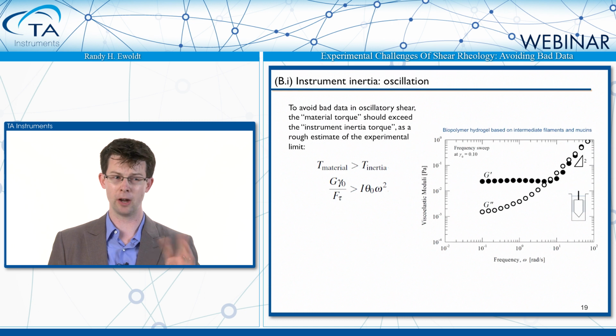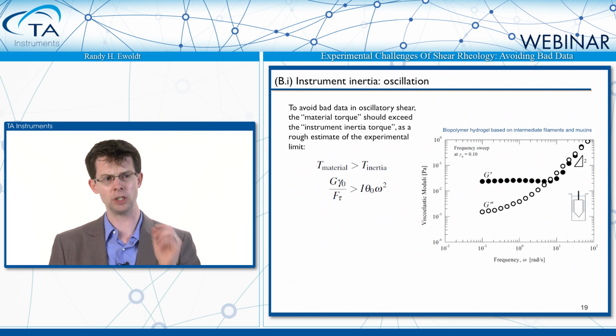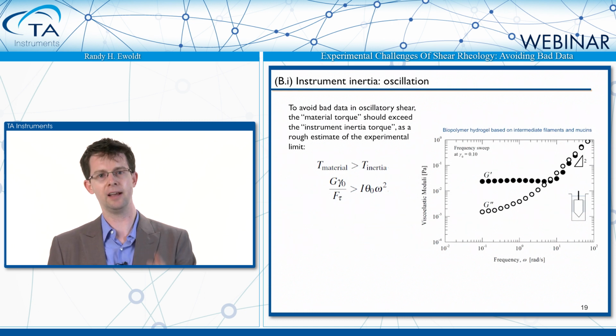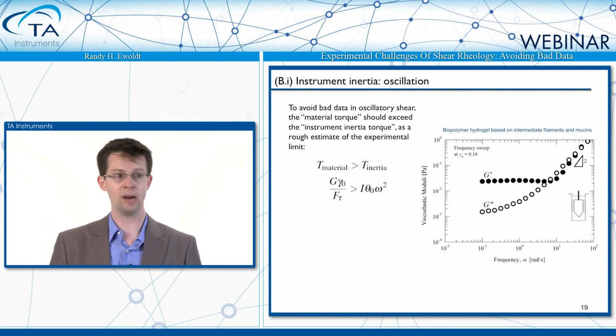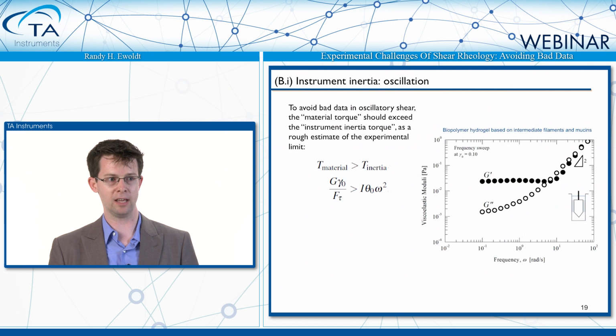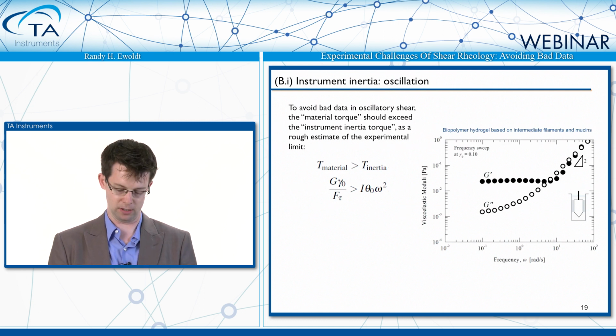The material torque, so now I've rewritten things a little bit differently. I want to use the material function G in my equation so I can make a plot on the right. I'm also using gamma naught in that equation, and frequency omega, so that I can embody that equation on my data.